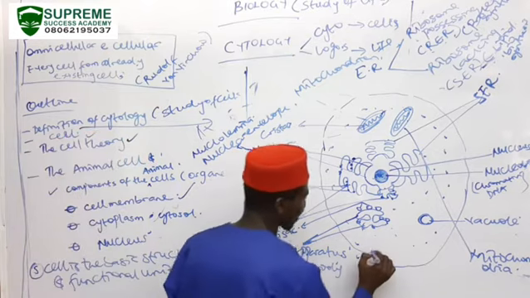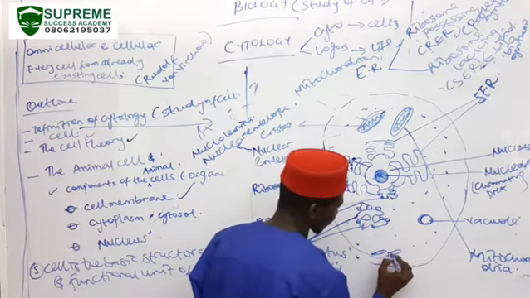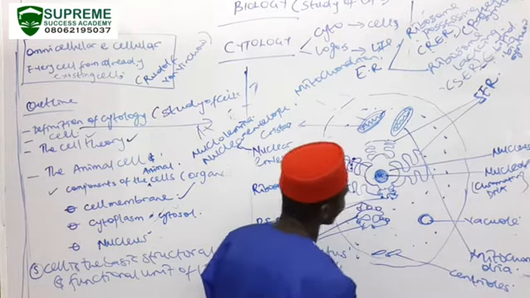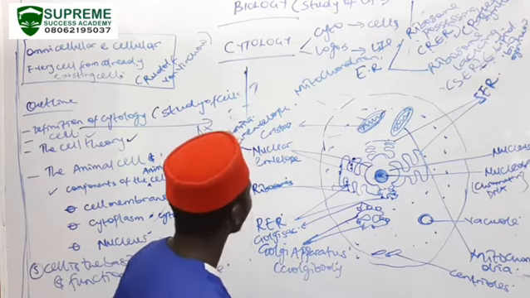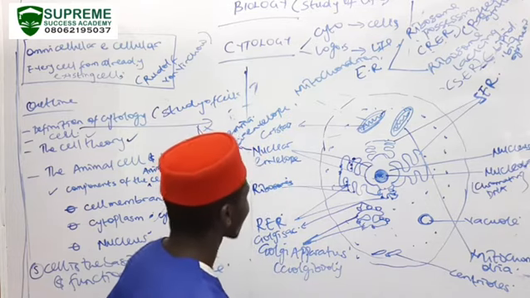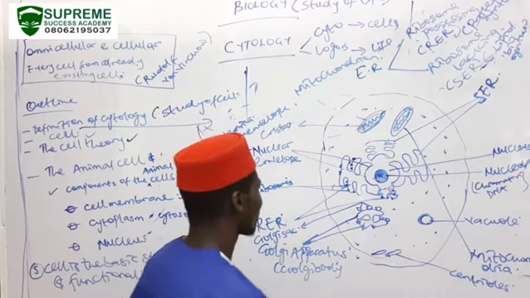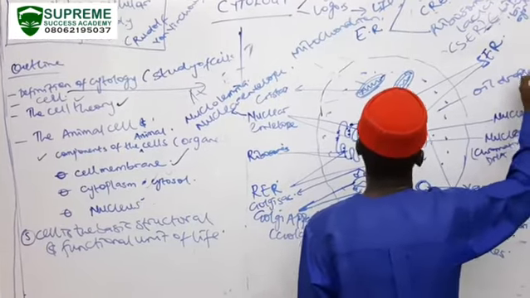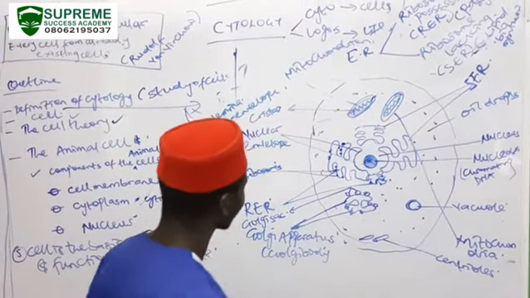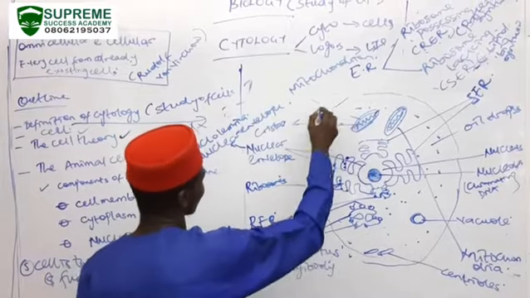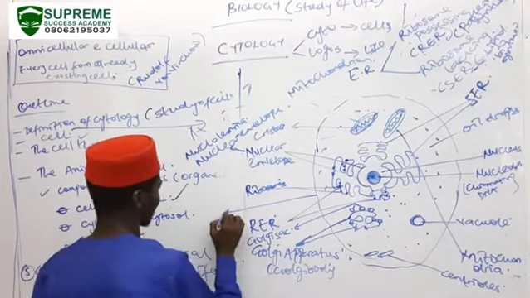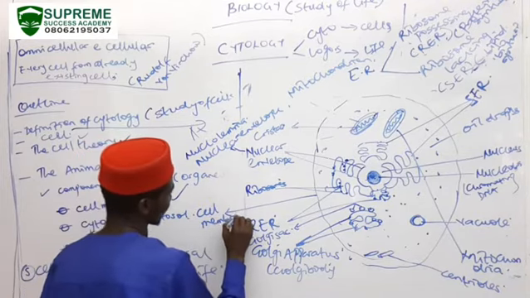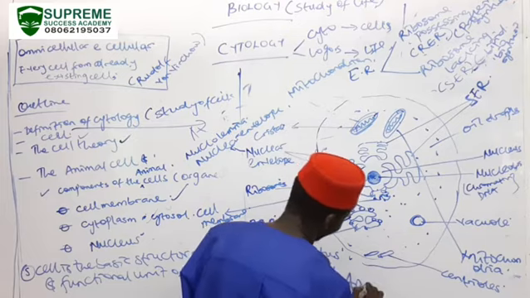You have other structures like the centrioles. We have the vacuoles, the nucleus, the SER, the mitochondria, and oil droplets. These are oil droplets, these are not really organelles. And of course, we should also take note of the exterior portion of the cell. This is the cell membrane. This is an animal cell.